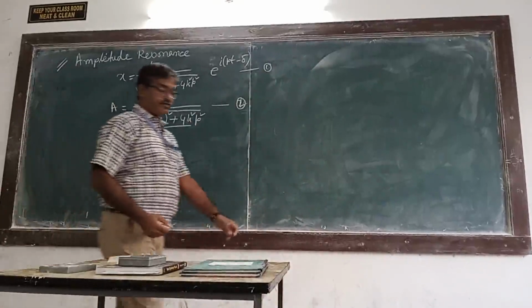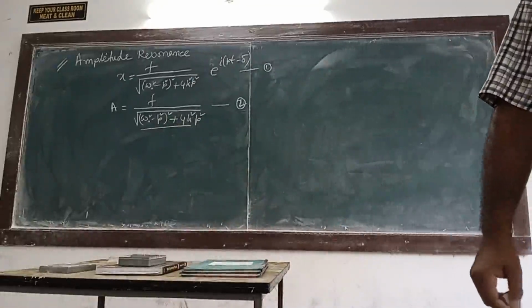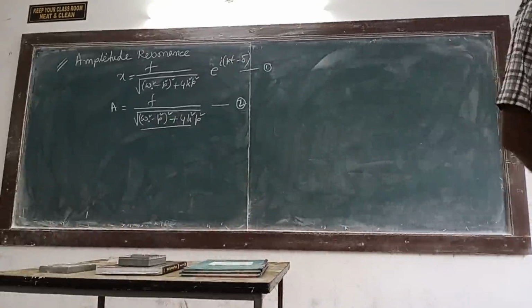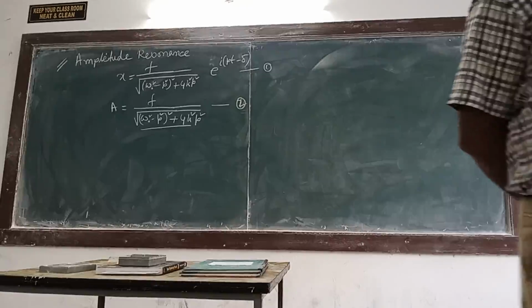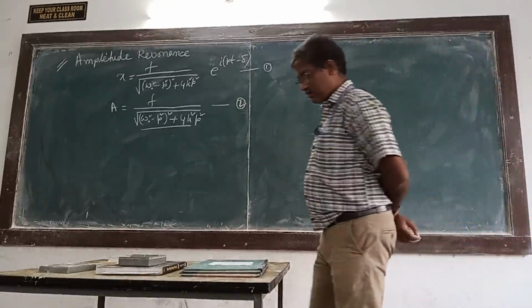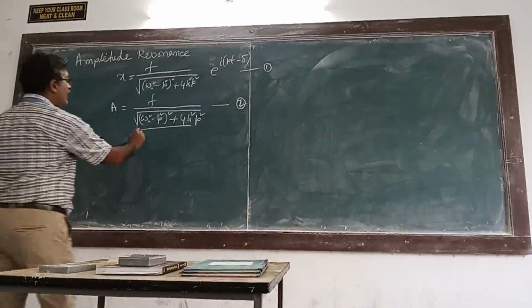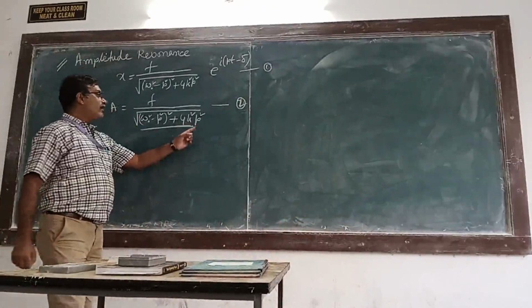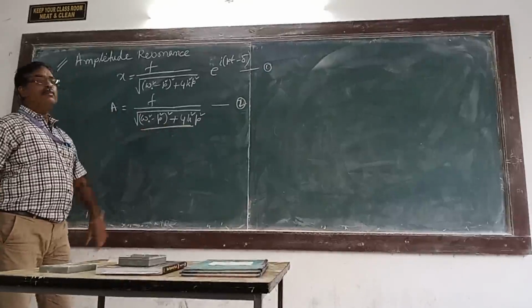Therefore, the amplitude A is maximum for a particular value of p for which the denominator is minimum. For a particular value of p, the denominator will be minimum, and at that time A will be maximum.